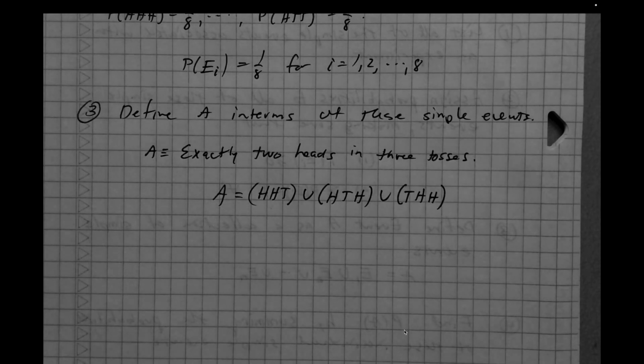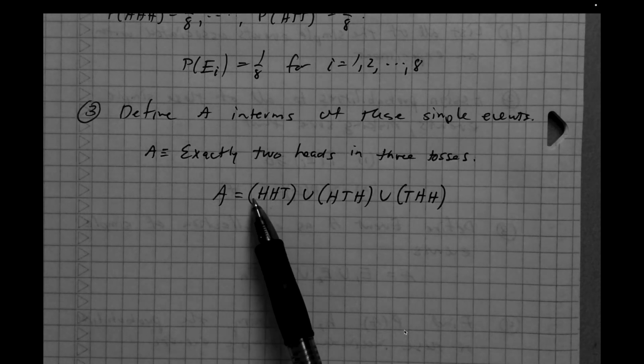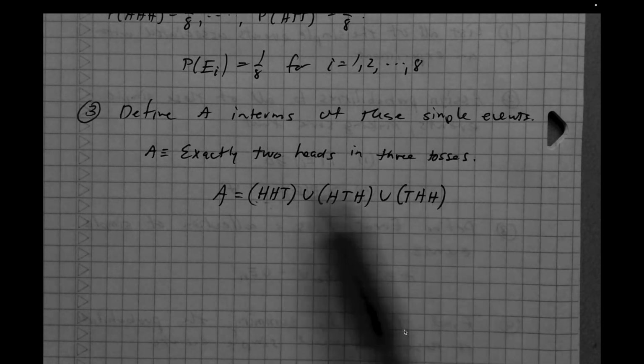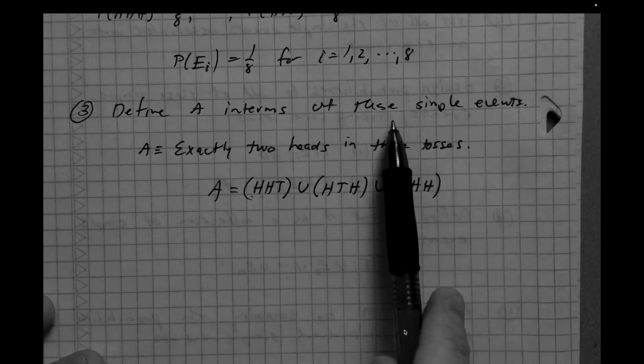That's your choice. I kind of gravitate towards using the symbols like this just because it's more intuitive to me than relabeling everything as an E sub some number. But if you prefer that, that's totally fine. They're equivalent, right?